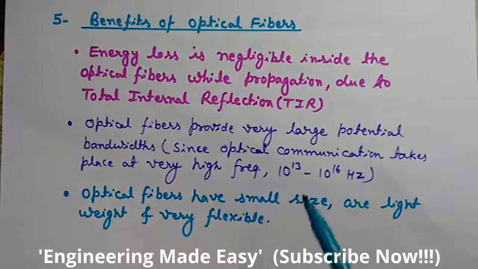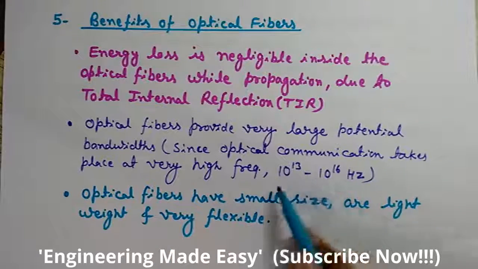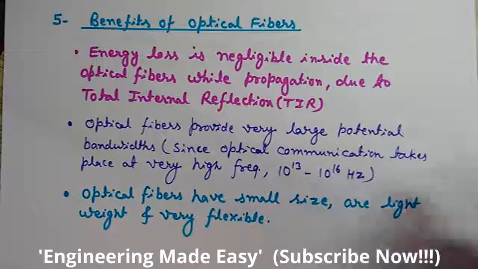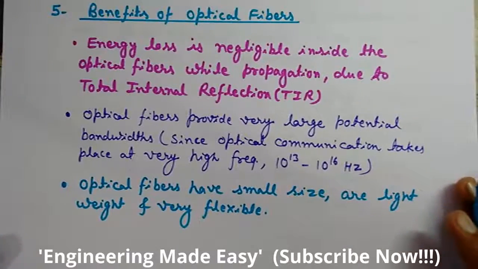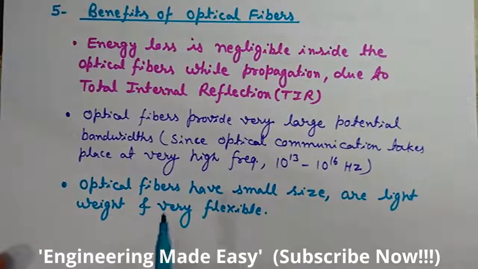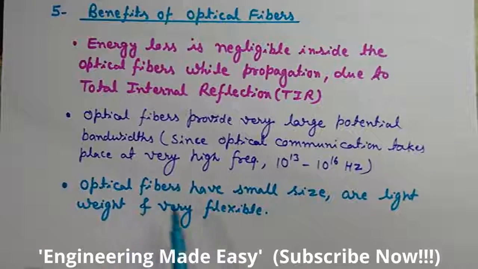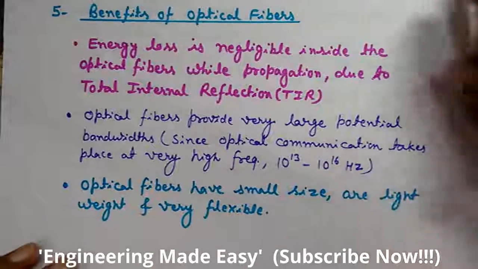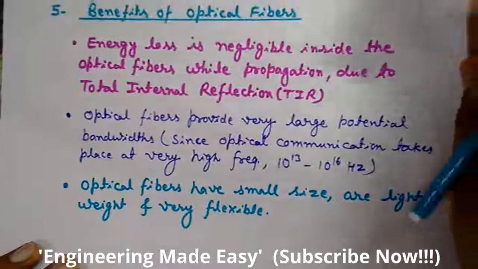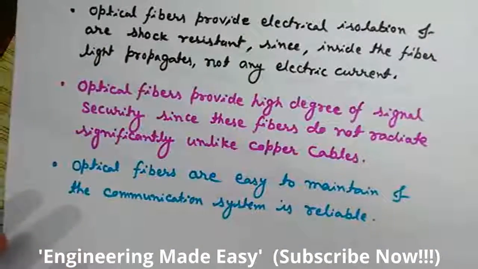Since optical communication takes place in this high range, it can provide higher bandwidths. Higher bandwidth means large data carrying capacity. Optical fibers also have a small size, as we have discussed, and are lightweight and very flexible. These are just a few properties.